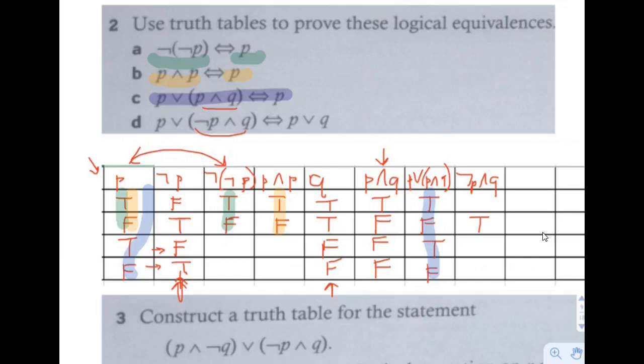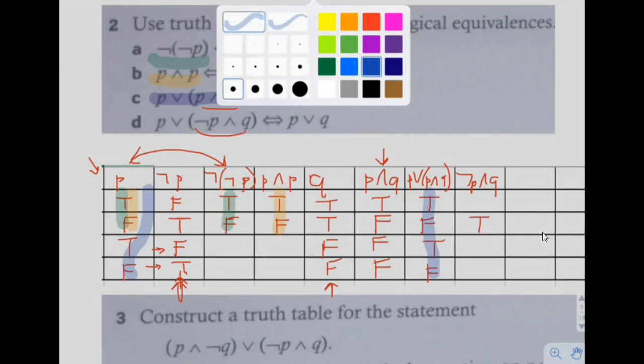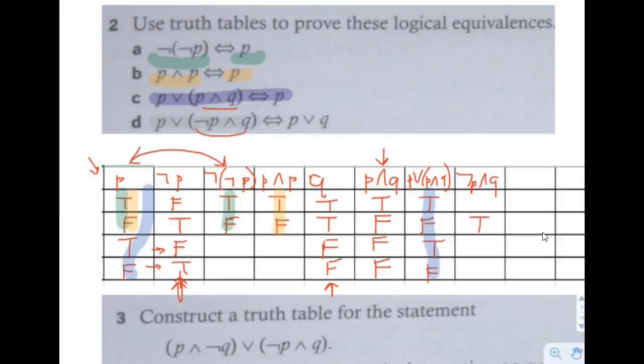Oh, let me color this for you. Gray. So we're combining not P and Q. So false and true are false. And false and false are false. And true and false are false.